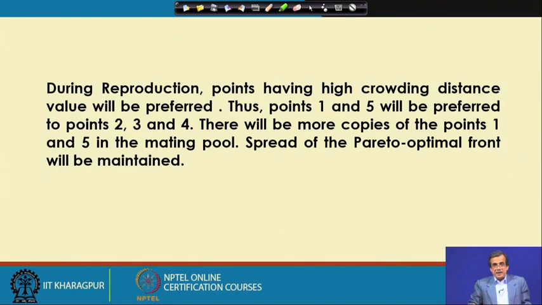Now, if I compare the computational complexity of the crowding distance calculation and that of the sharing function calculation, it is obvious that the calculation of crowding distance values will be much faster compared to that of the sharing function value, and that is why this algorithm will become faster compared to the algorithm using the sharing function value. This is the concept of NSGA 2, and NSGA 2 is expected to be faster compared to NSGA.